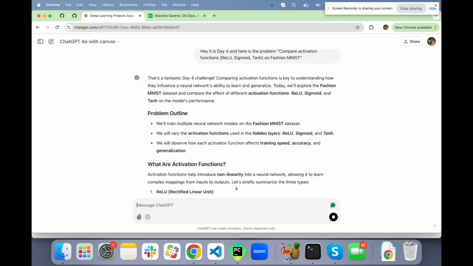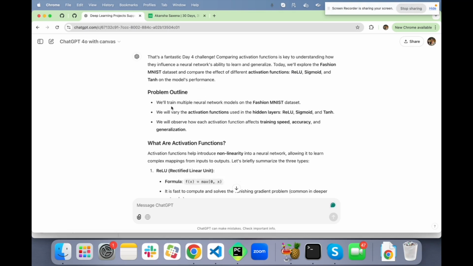It says that comparing activation functions is like understanding how they influence a neural network's ability to learn and generalize. Today, we will explore the Fashion MNIST dataset and compare the effect of different activation functions, which is, we will go through the rectified linear unit, sigmoid, and tanh on the model's performance.